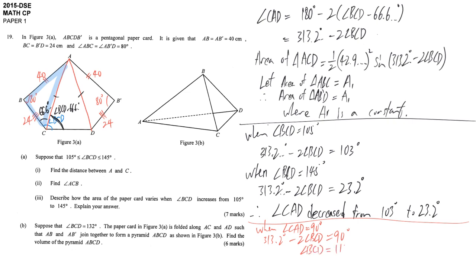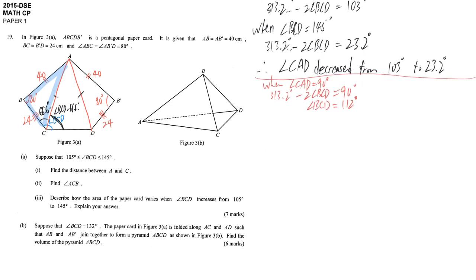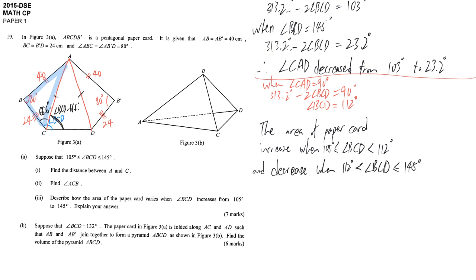We get around 112 degrees, correct to three significant figures. So our answer is, the area increases when the input angle is between 105 degrees and 112 degrees. Afterward, the area decreases when the input angle is between 112 degrees and 145 degrees.